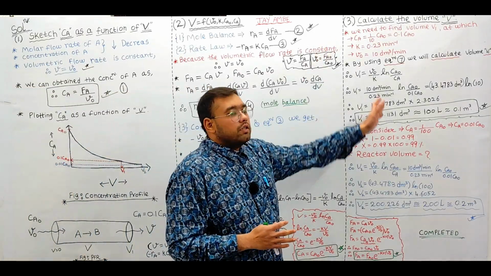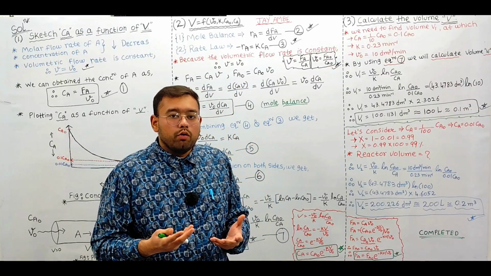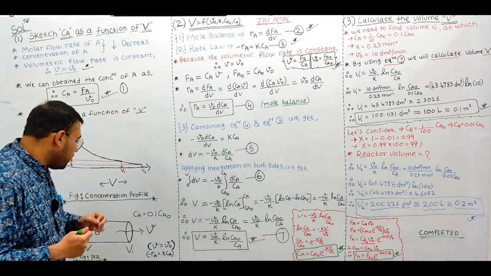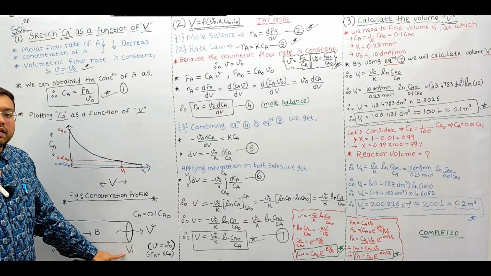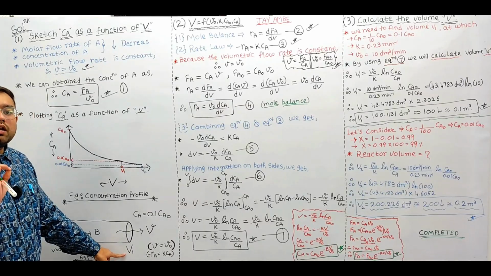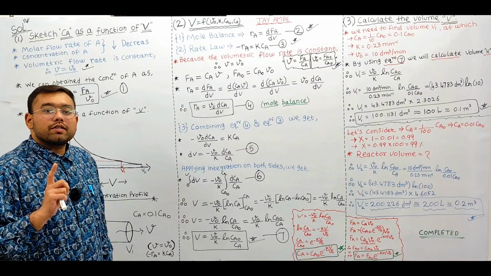So in the third part, we need to calculate the volume V1 which is required in order to achieve the desired conversion of 90%.